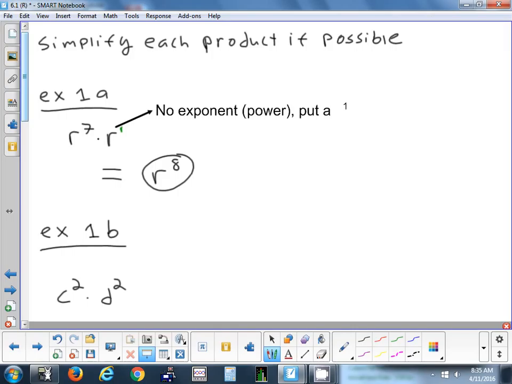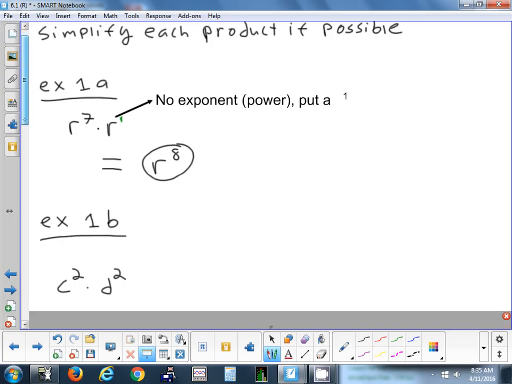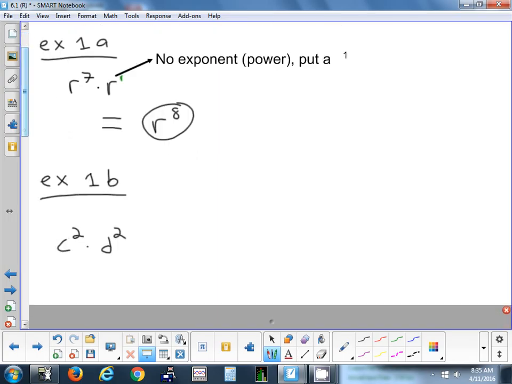All right, c squared times d squared. What do I do here? Any thoughts?